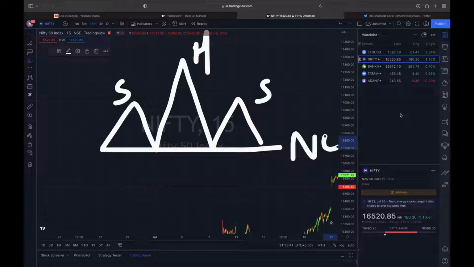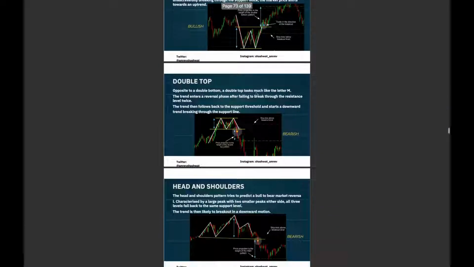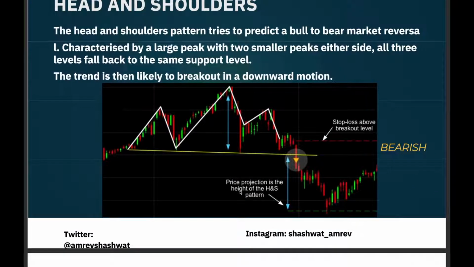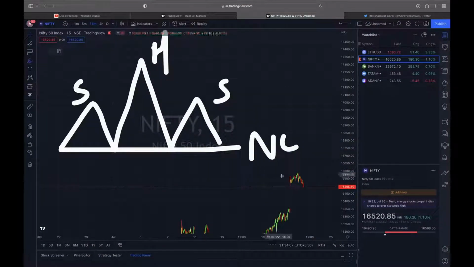A common neckline. What does this predict? Tell me guys, what does this predict? This predicts the downside, the downfall.